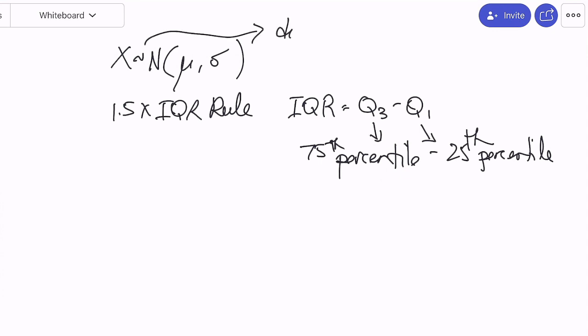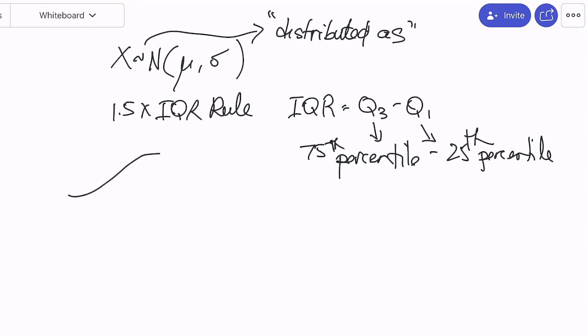That means distributed as, okay. So it's just normal.